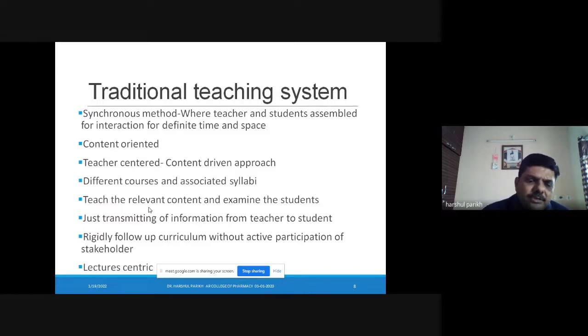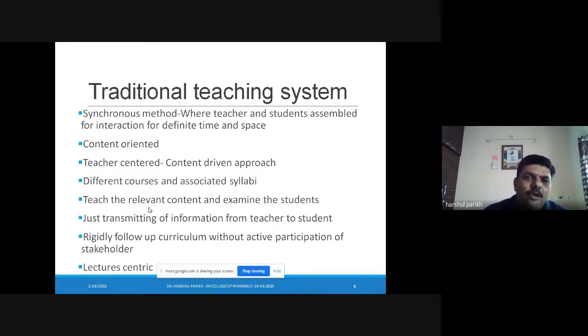It is more content oriented, teacher centered, and restricted to a definite syllabus. So it is just transmitting information from teacher to student.